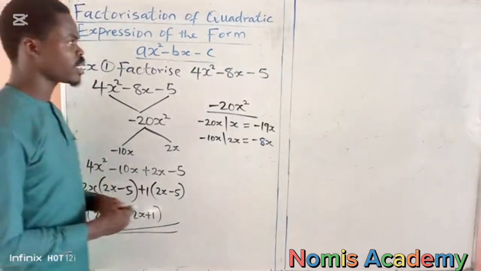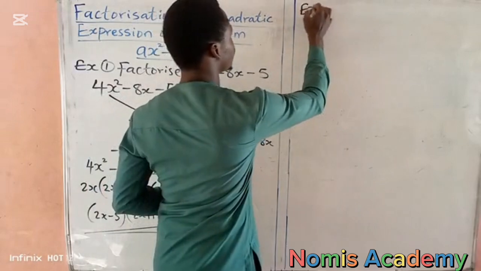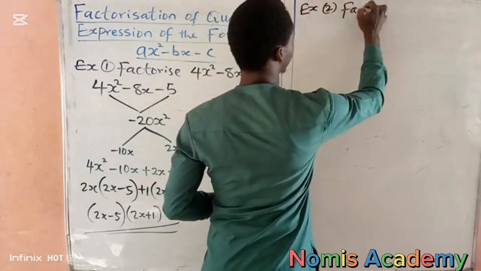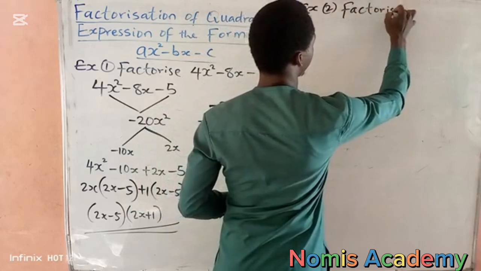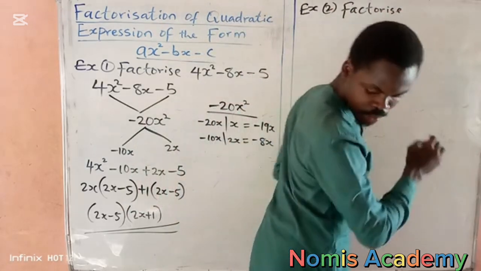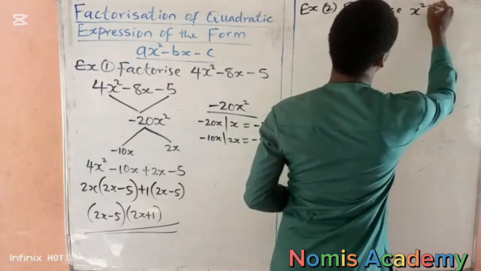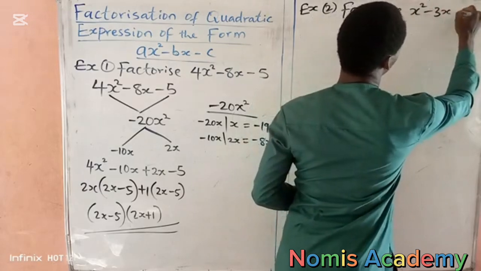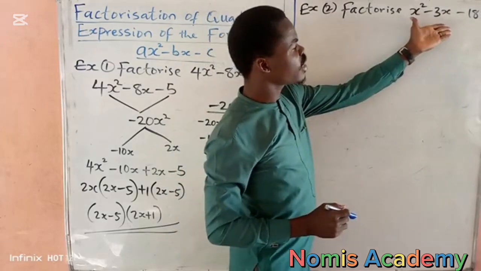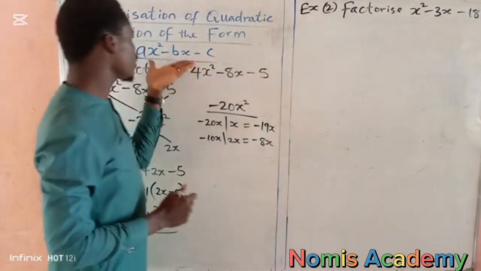Let's pick one more example. Example 2. Factorize x² minus 3x minus 18. So you can see that the quadratic expression is in the form.